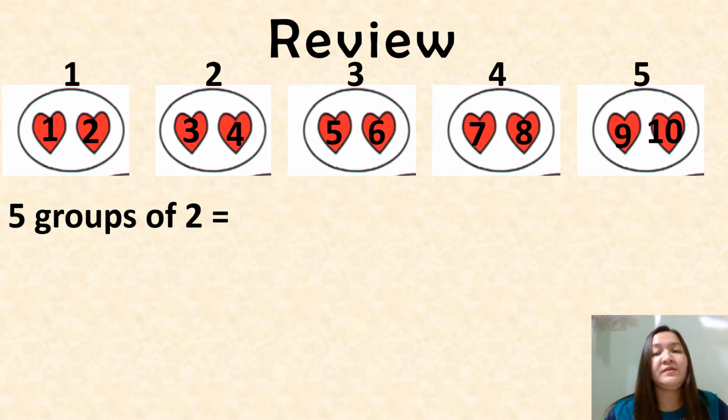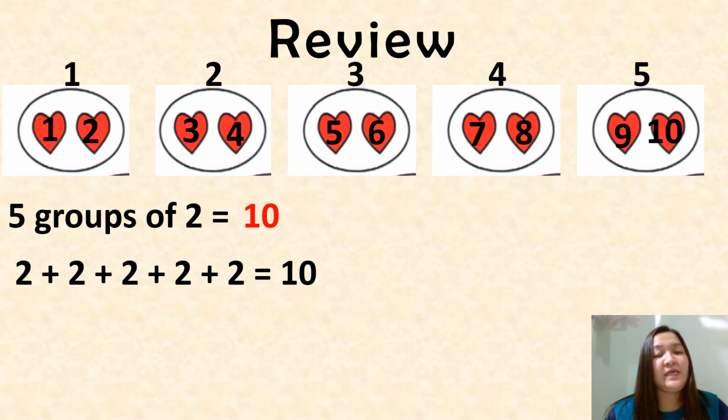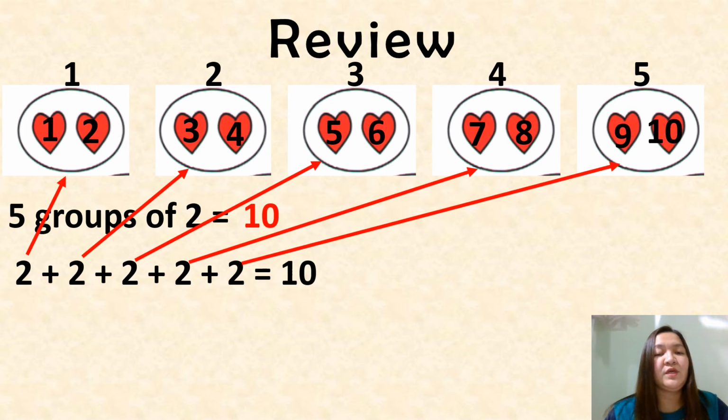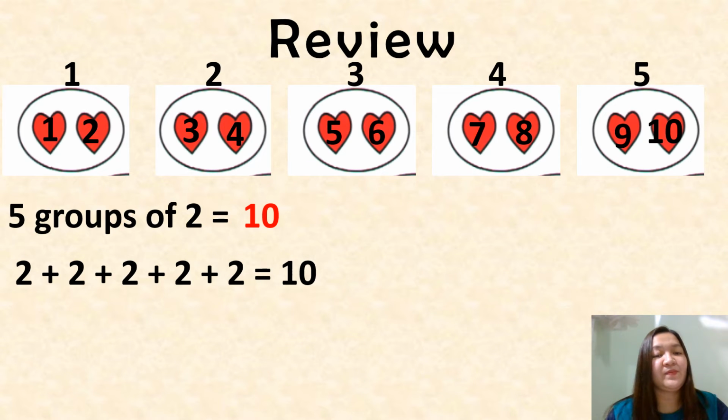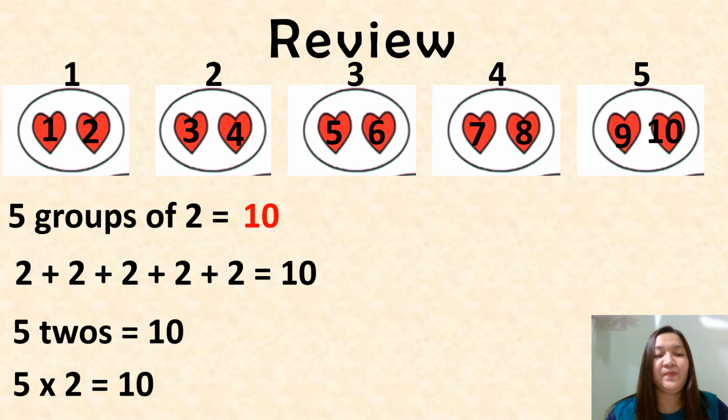There are 10 hearts altogether. 5 groups of 2 is equal to 10. 2 plus 2 plus 2 plus 2 plus 2 is equal to 10. 5 twos is equal to 10. 5 times 2 equals 10.